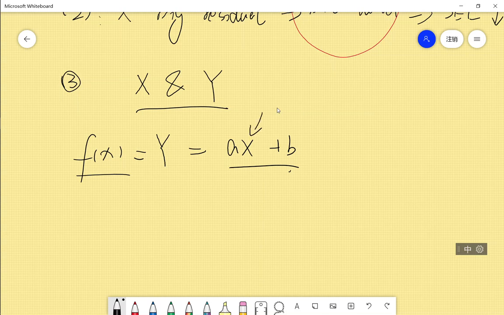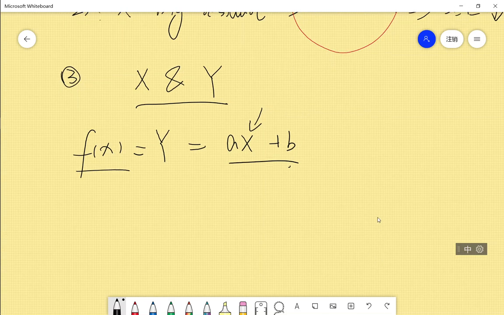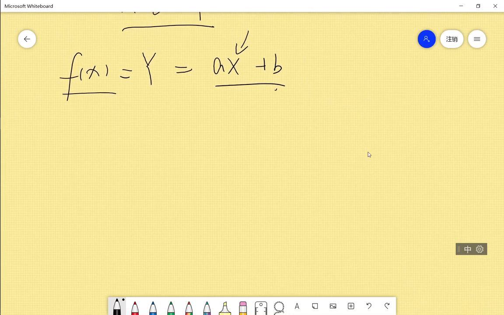So you only have one independent variable, x. If you have a function like this, and there is a relation between x and y, the first thing to look at when you want to know the relationship between x and y is the correlation between x and y.